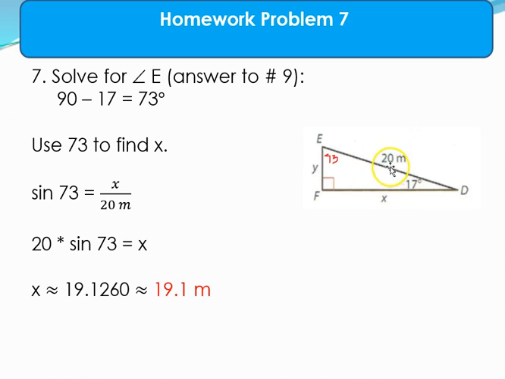Opposite over hypotenuse is sine. So use sine 73 and it equals opposite over hypotenuse, which is x over 20 meters.